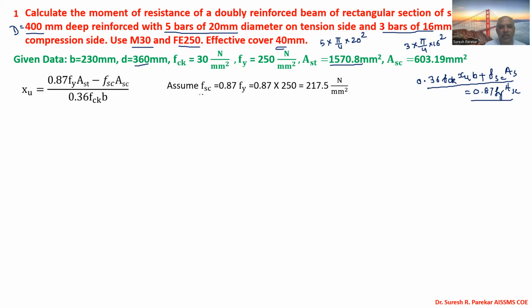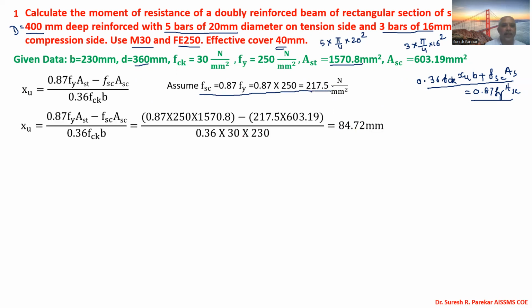Now we will first assume, always go with this step, 0.87 fy, that is 217.5 Newton per mm square, and substitute values in this. So we have 0.87 fy Ast minus this value we have assumed, 217.5 into 603.19, divided by the remaining terms, and it gives us 84.72 millimeter.